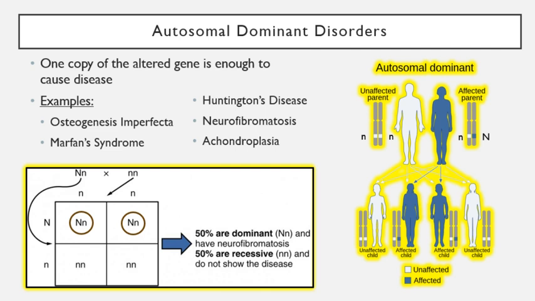For autosomal dominant disorders, having one copy of the altered gene is enough to cause a disease. So if you have that capital N, for example, that means you're going to have that disease. We're going to talk about 5 different conditions that are examples of this, and all of these are going to be autosomal dominant.